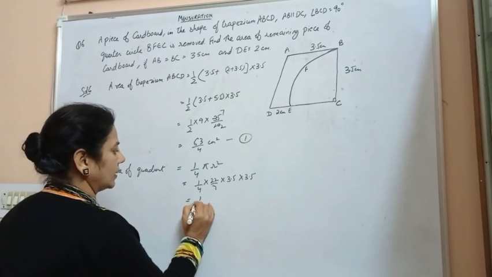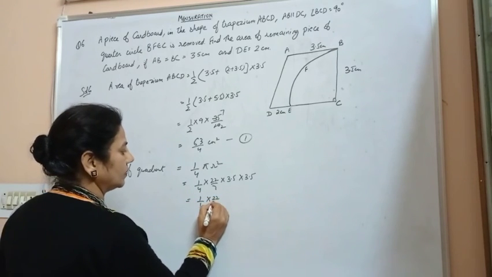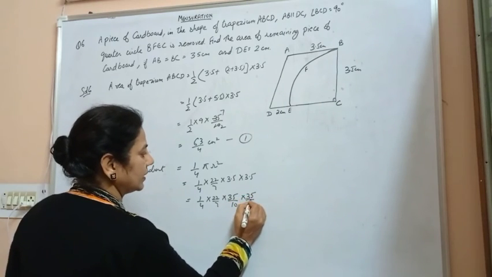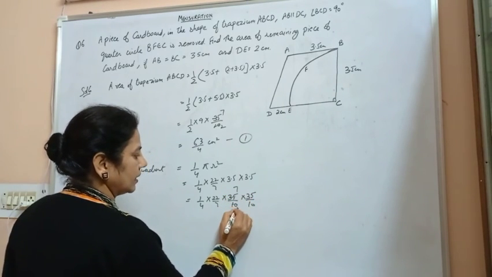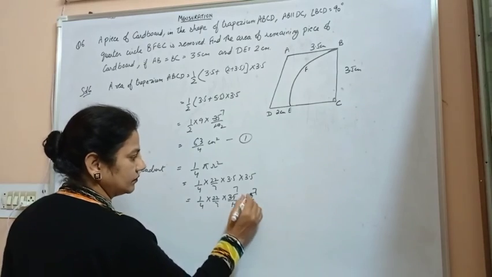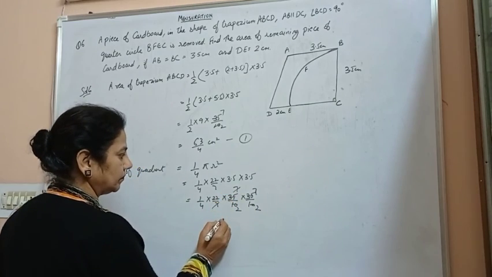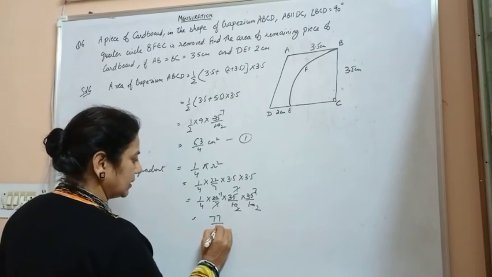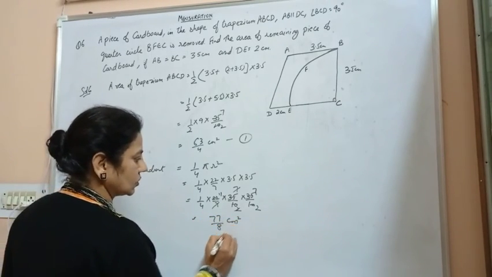So 1 by 4 into 22 by 7 into 35 by 10, 35 by 10, 7 by 2, with the table of 5, 7 by 2, 7, 7. So 2, 11, we get 77 by 8 centimeter square.